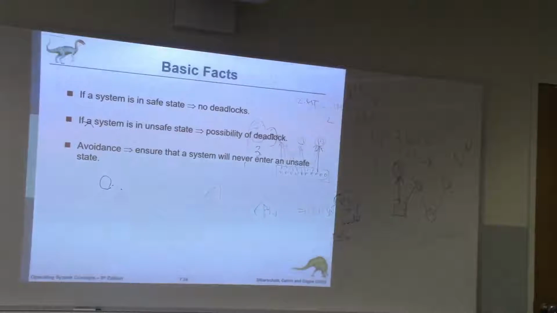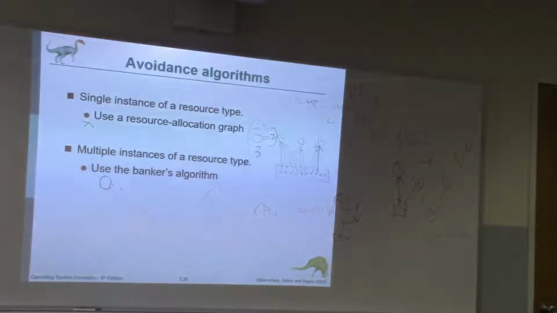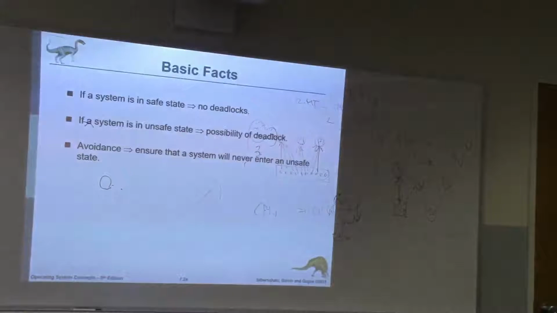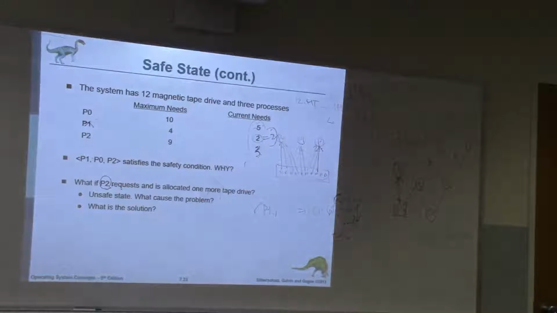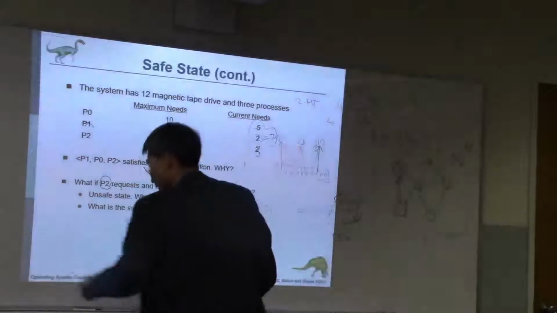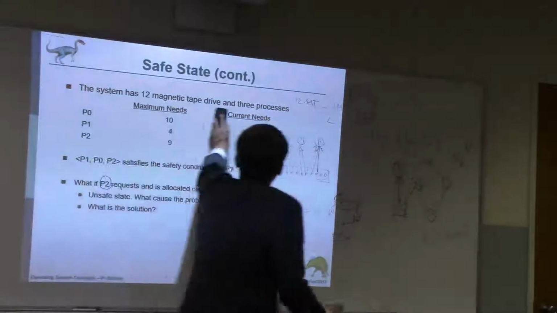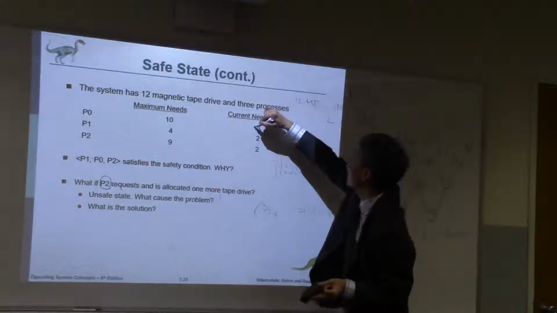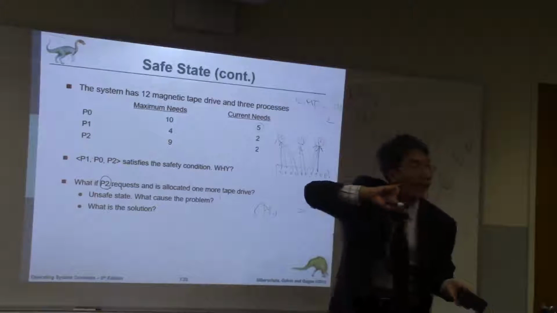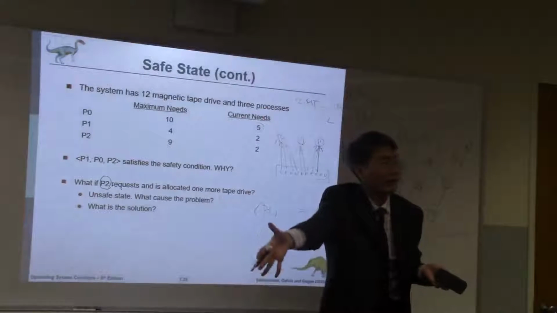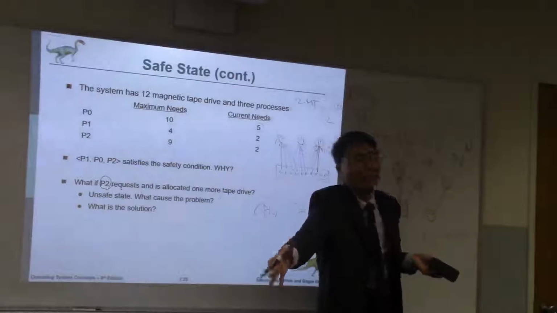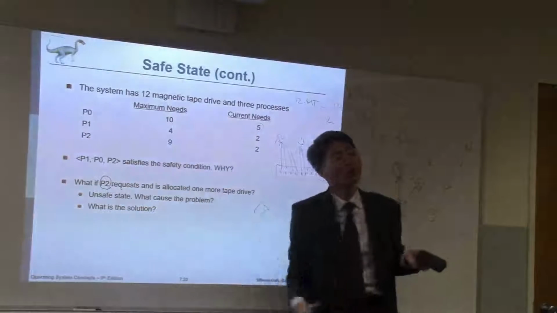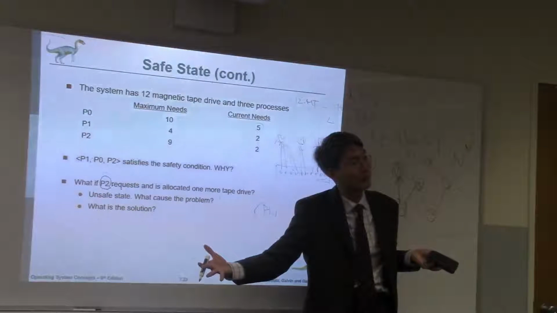Professor? Yes. I'm not very clear about which one is allocated, which one is requested. In this case, this is the current status, which means 5 magnetic tapes are already allocated to P0. P0 is holding 5 magnetic tapes.